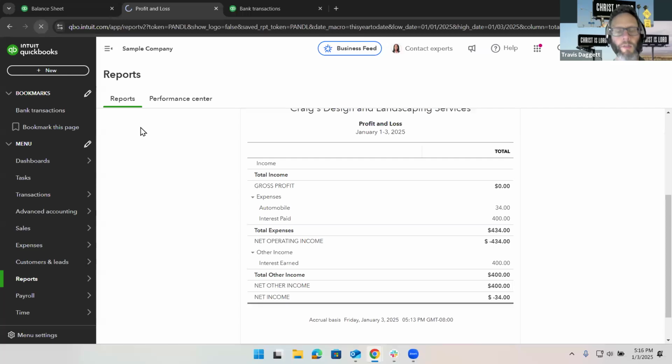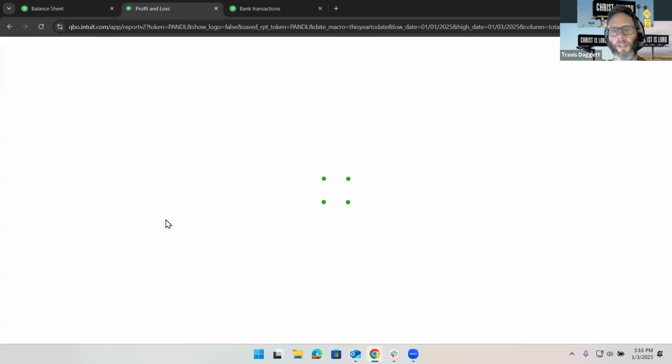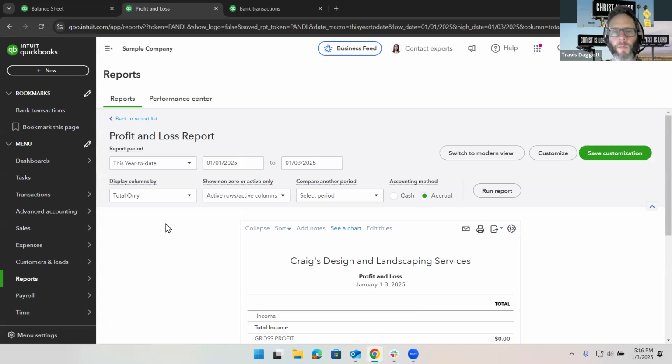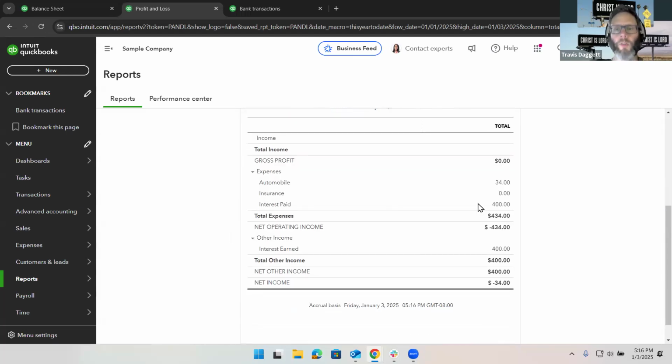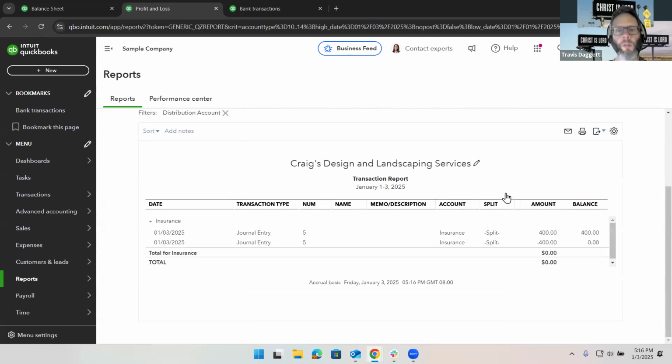Let's refresh this. And insurance, it's a wash as well, which is exactly what we'd expect. The 0 there shows that there are transactions there, but the balance is 0, or the net is 0. So in and out.